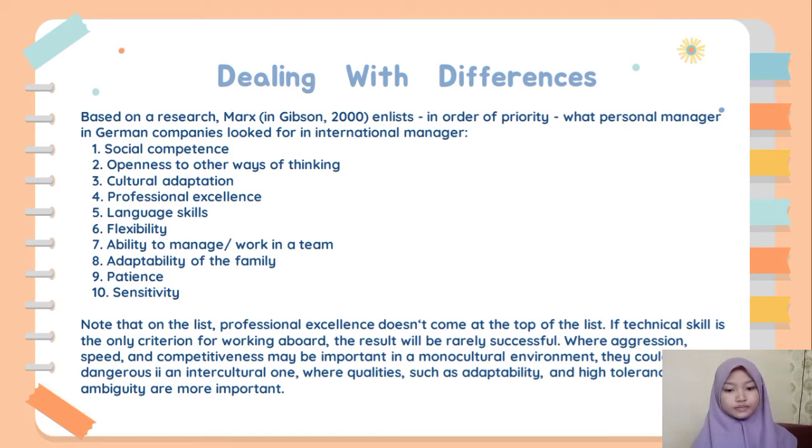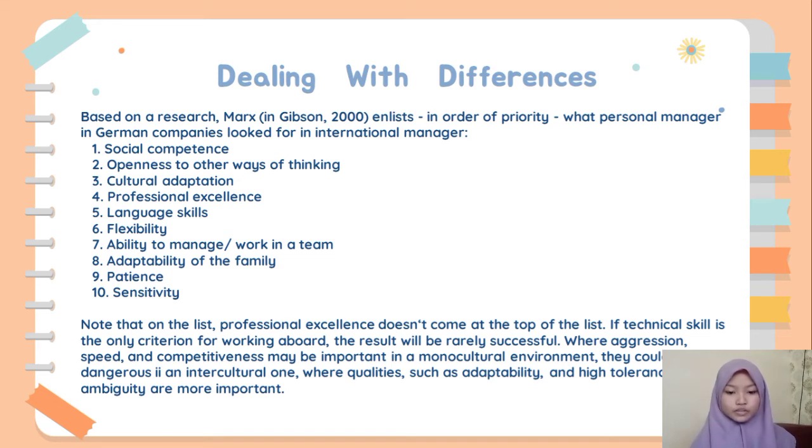Dealing with difference. Based on research cited in Gibson 2000, this lists in order of priority what personnel managers in German companies look for in an international manager: 1. Social competence, 2. Openness to other ways of thinking, 3. Cultural adaptation, 4.